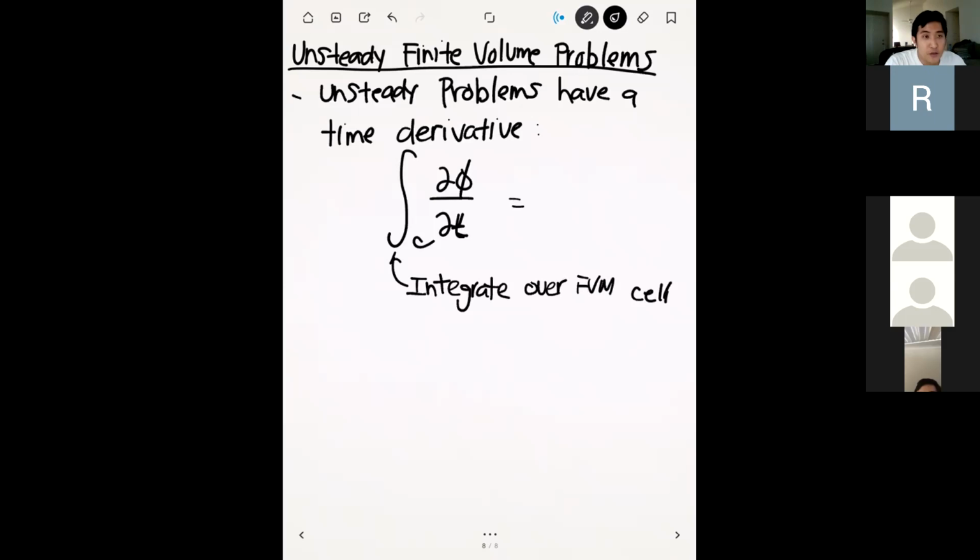And luckily for us, this integral is not going to be nearly as complicated as convection or diffusion. Because for convection and diffusion, we had to first apply the divergence theorem to get the equation into a better form. But in this case, we don't have to do that, so we can just jump straight to the trapezoidal rule.